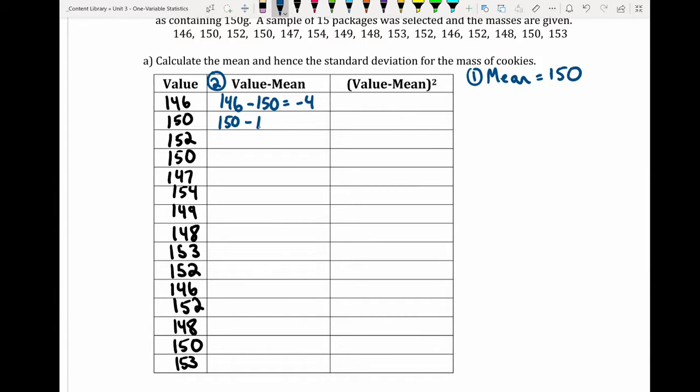So 150 minus 150 equals 0. 152 minus 150 equals 2. And I'm not going to show the calculations, but again, it's the same thing all the way through. You're subtracting the mean of 150 from these values. If you get a negative number, that's fine.